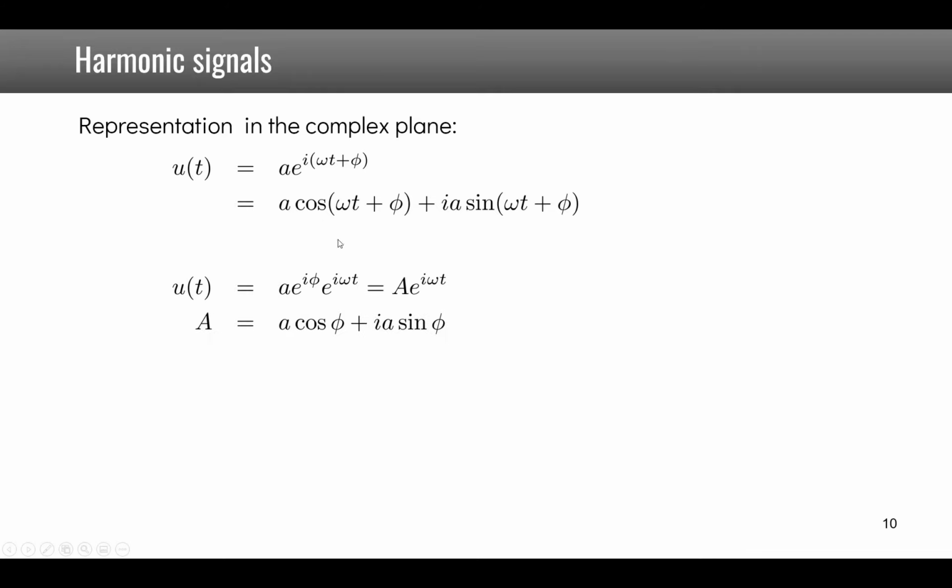Now, if we decompose the signal into the time-independent part and the time-dependent part, we can define this complex amplitude capital A, which is equal to a cosine of phi plus i a sine of phi. And so this is a complex number that does not depend on the time anymore.